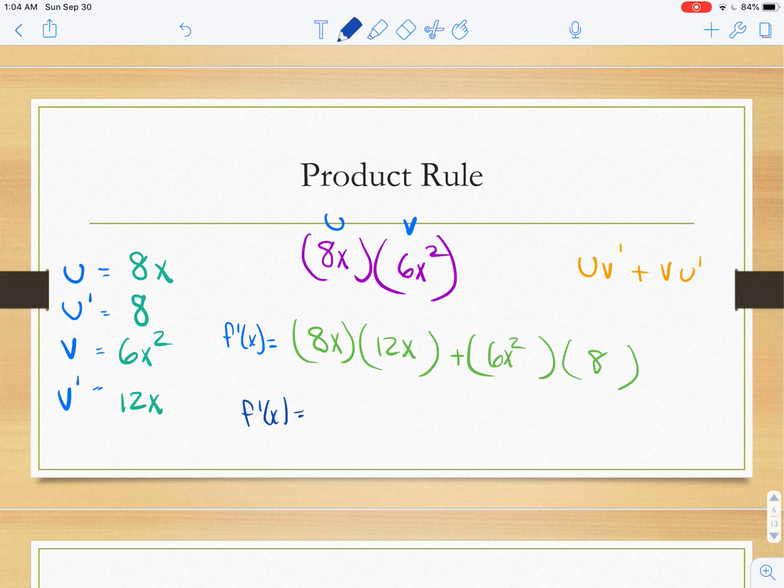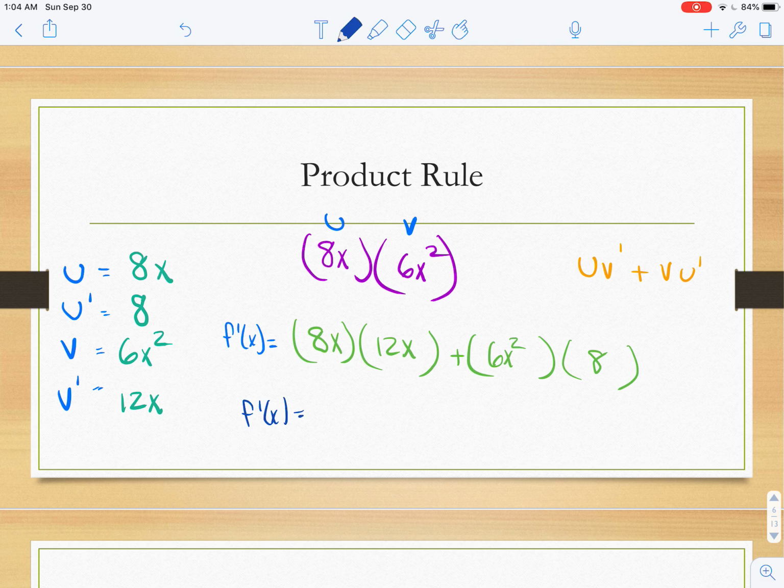So here it is. We have y equals 2x plus 7 divided by x squared plus 4. So we're going to write our rule on the side. We have low d high minus high d low over low squared. So we're going to start off by writing y prime equals. All right, so we have our u and we have our v.